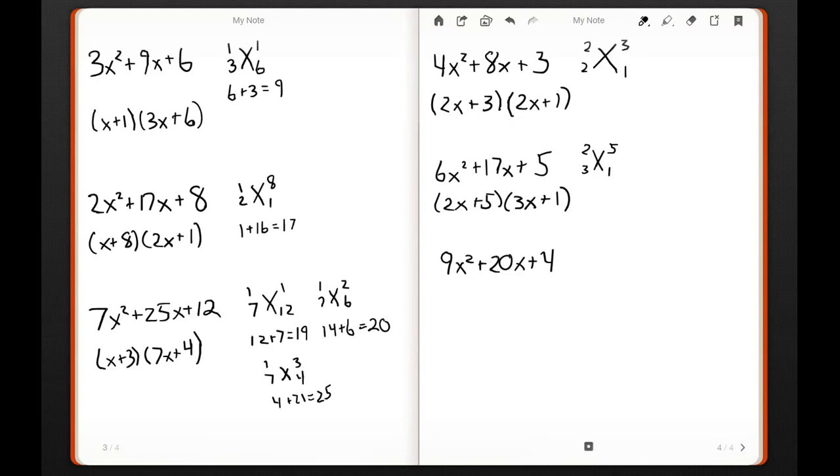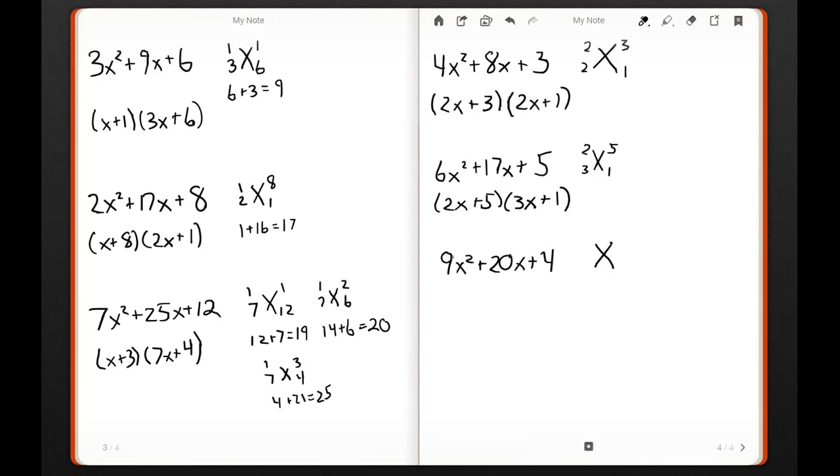But we have a lot of problems to cover here, so I do want to speed up a bit. Okay, now this one is going to be challenging because we have many different possibilities for 9 and for 4. Okay, let's see if we can take a guess for the 9. It's either going to be 1 and 9 or 3 and 3. Think about this in your head.